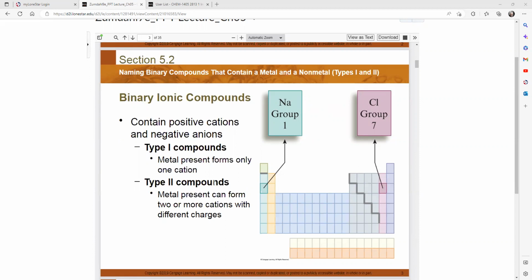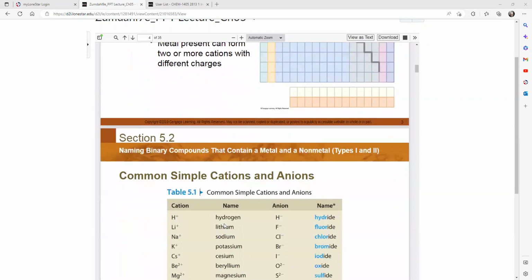The type 2 compounds are made of a metal that belongs to the d block or some of the p block, like tin and lead, that has more than one oxidation number. Let's go slowly one by one.